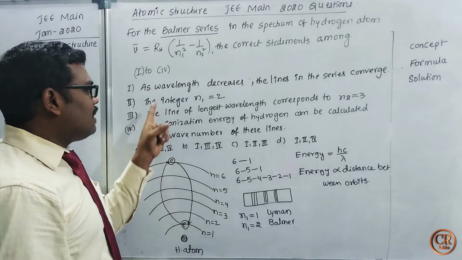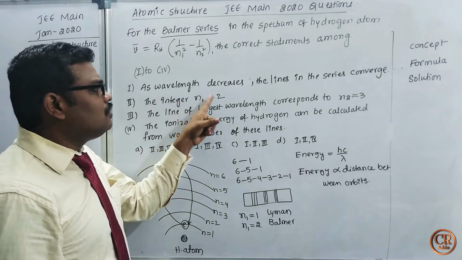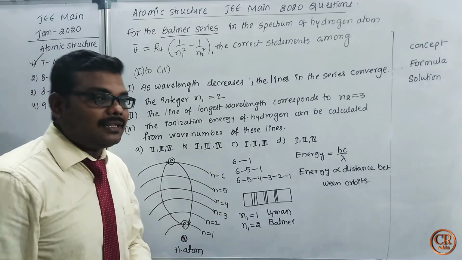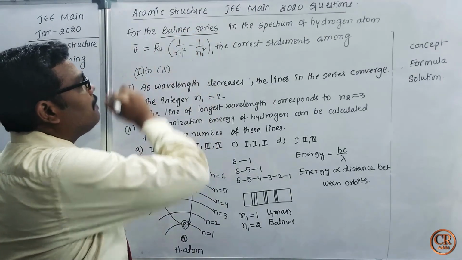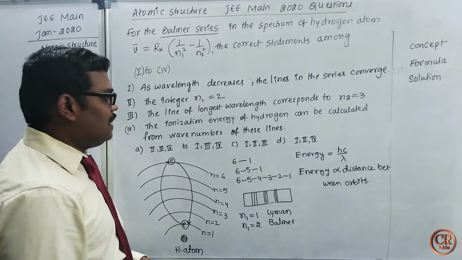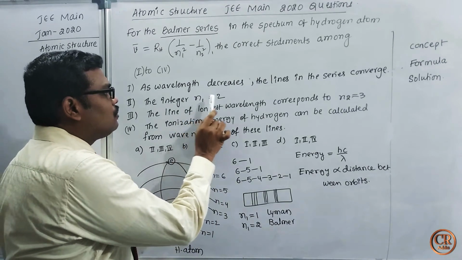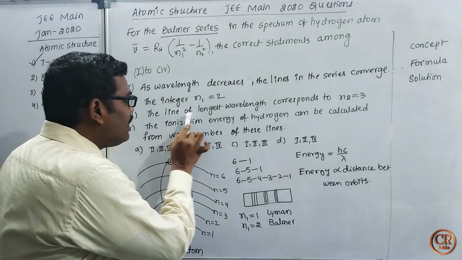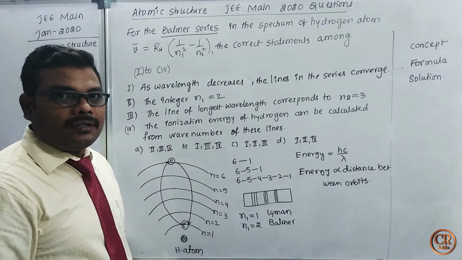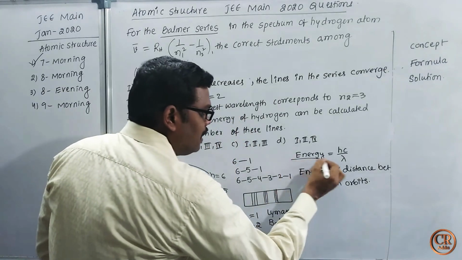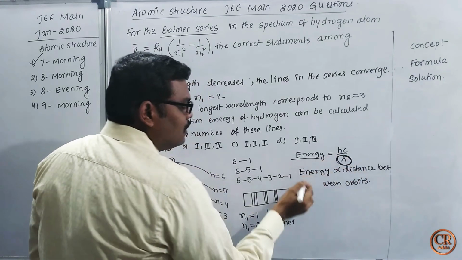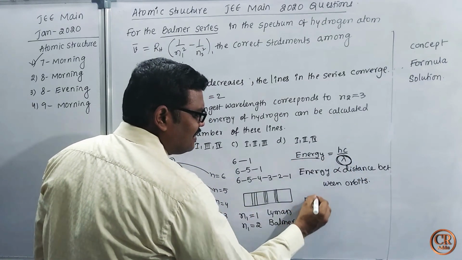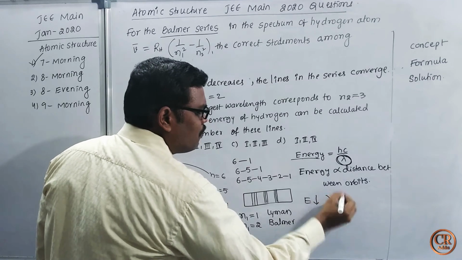Second one is the integer N1 value is 2. For which series? Already in the given question, Balmer series. For the Balmer series, N1 value is 2. Yes, it is correct. Third one, the line of the longest wavelength. Energy is inversely proportional to lambda, so if energy is less, then wavelength is more.